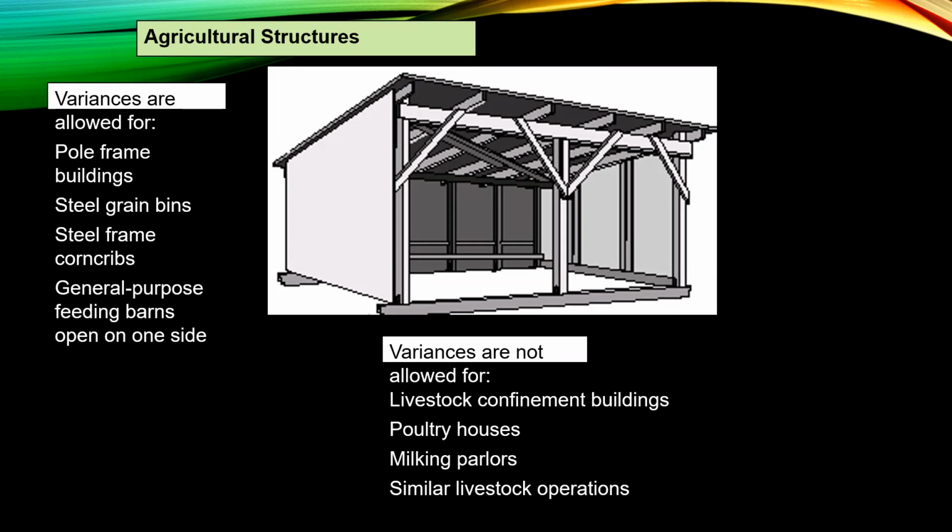So steel grain bins or the pole frame buildings are really common from my experience, or the corn cribs, that kind of thing. And so if it meets those use requirements, it can be wet floodproofed. There are no size limitations on an agricultural building, unlike the accessory structures.